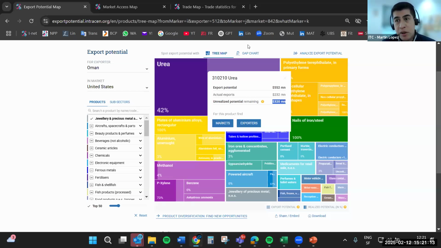Remember that this econometric model is looking at exports from Oman, imports in the United States, and the behavior of exports, meaning, for example, the growth and the capacity of Oman to provide and to continue exporting urea, and the behavior of imports as well in terms of the rate of growth of those imports in the United States.